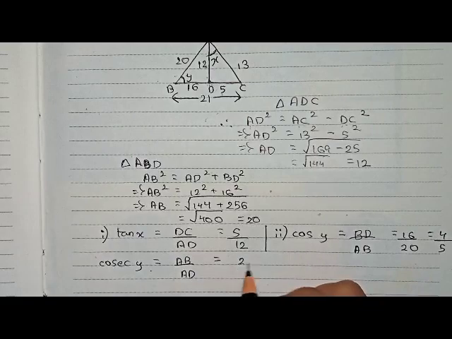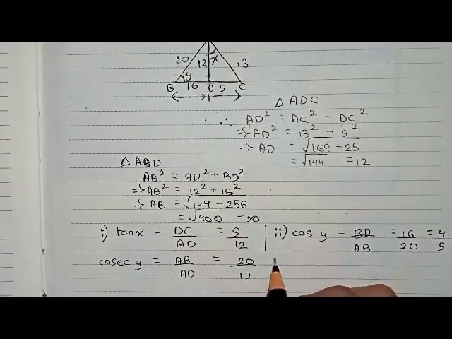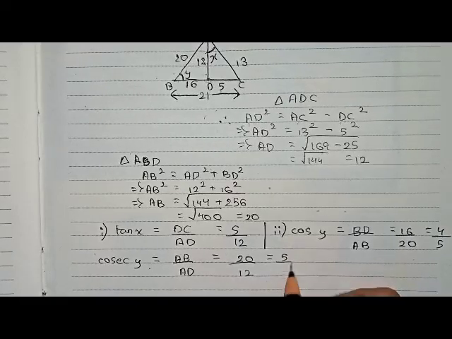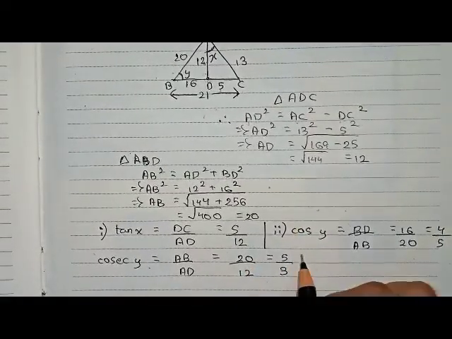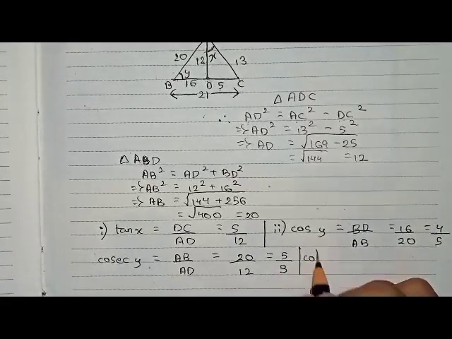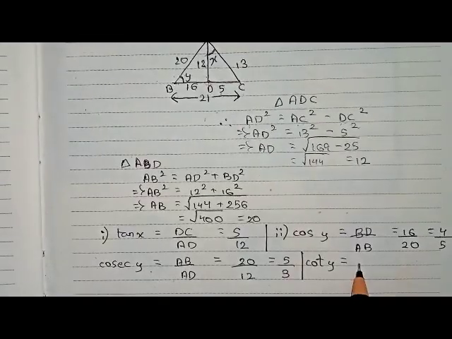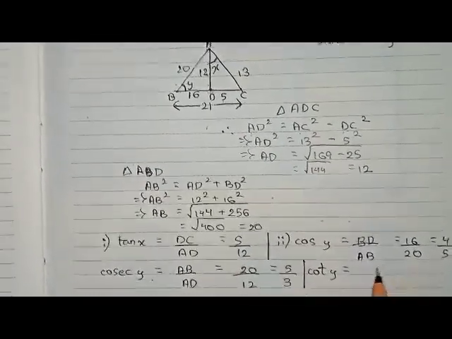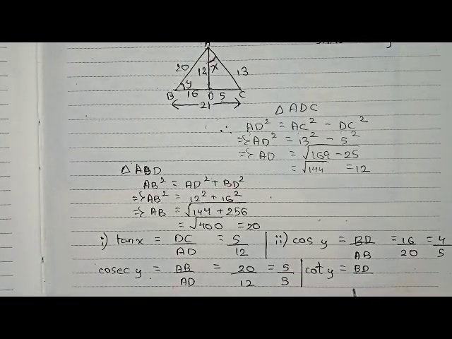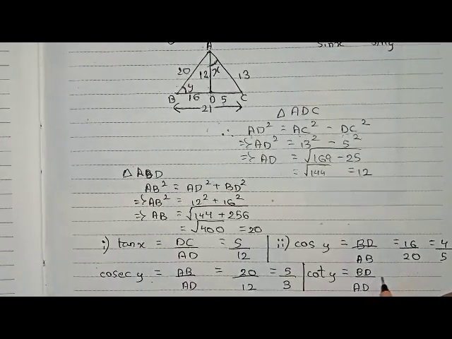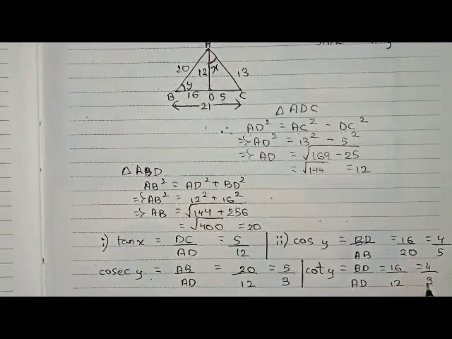AB is 20 and AD is 12. So we cut by 4, it will become 5 by 3. Now I find cot y. So cot means base by height. So here base is BD and our height is AD. That is equal to 16 by 12. We cut by 4, that will be equal to 4 by 3.